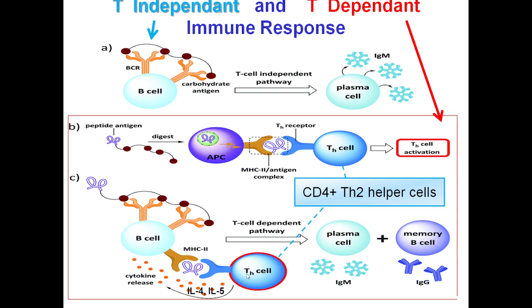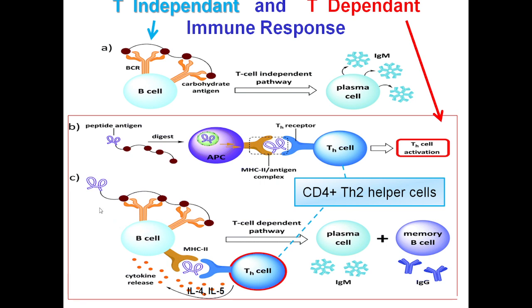This activated T helper cell type 2 produces interleukin 4 and interleukin 5. At the same time, this T helper cell interacts with the peptide displayed by the B cell. The B cell may serve as an antigen presenting cell, and in this part of the slide, labeled by the letter C, the T helper cell interacts with the B cell as with an antigen presenting cell.